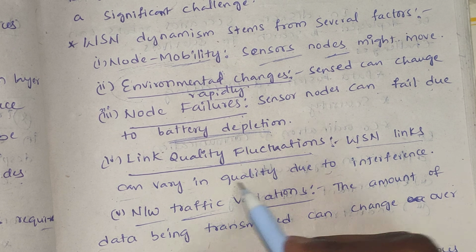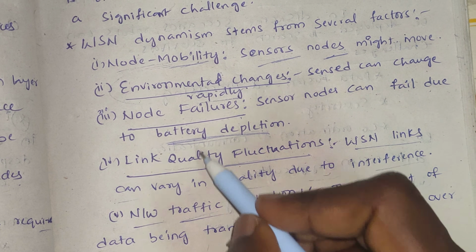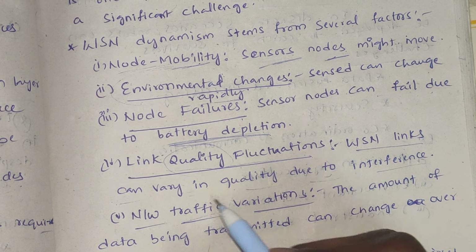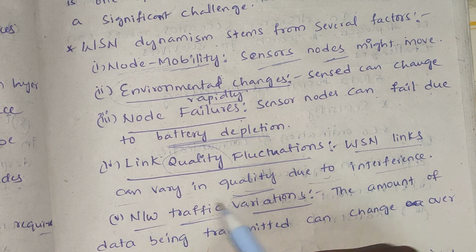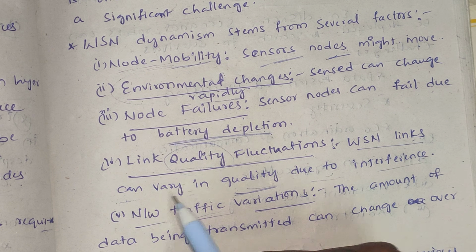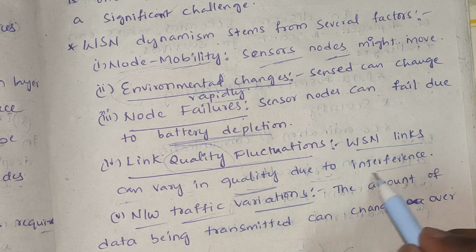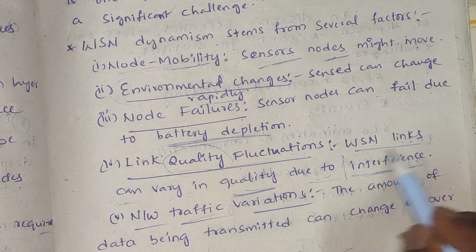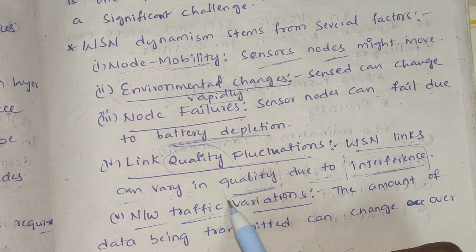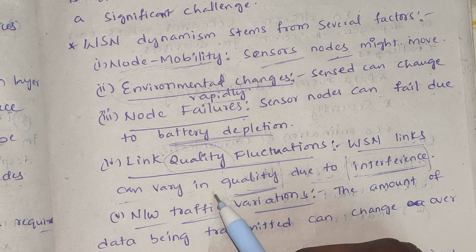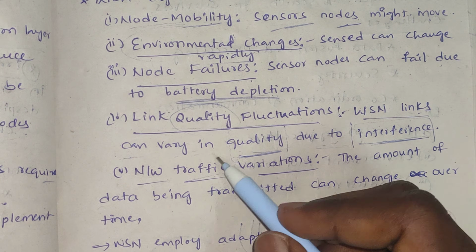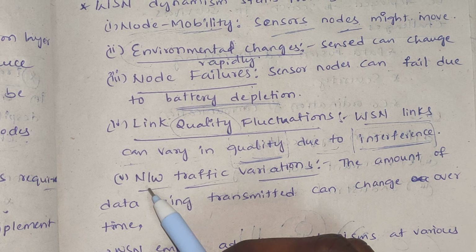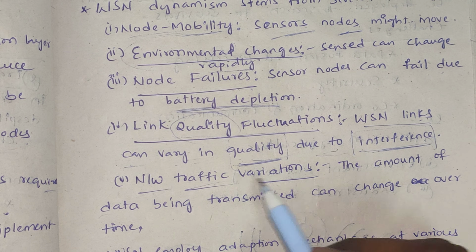WSN links can vary in quality due to interference. So quality is also important, right? Because of interference, the quality is going to vary from one place to another, or one node to another node in the network.